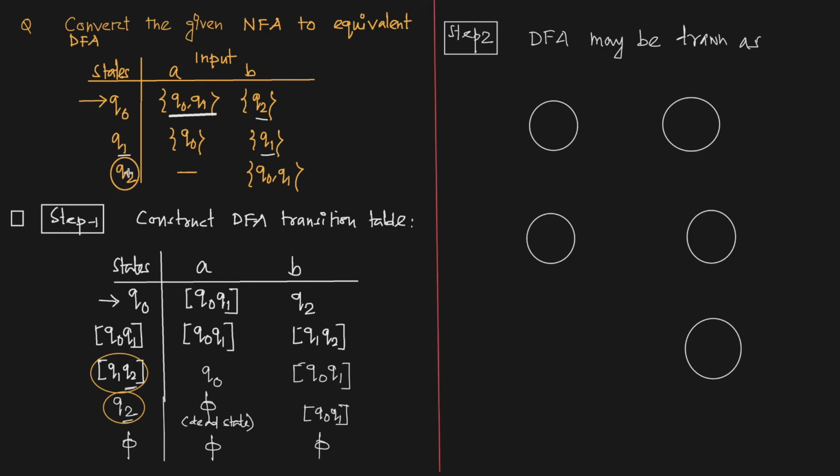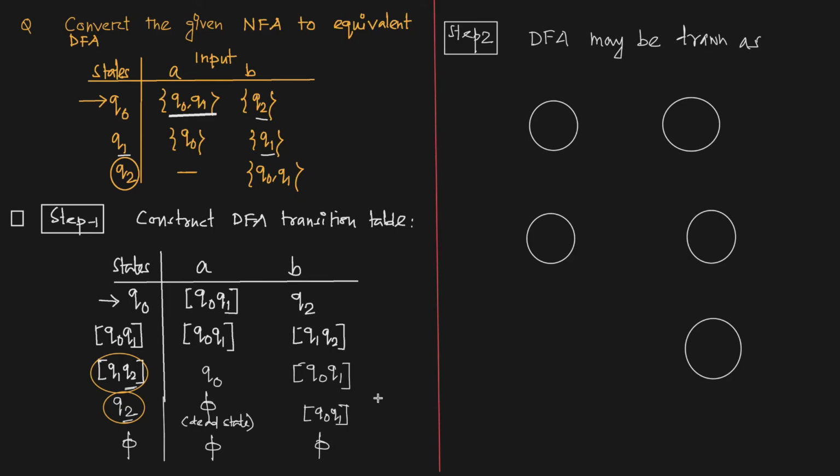Q2 is the final state. In the DFA, wherever Q2 is present, that is a final state for the DFA.